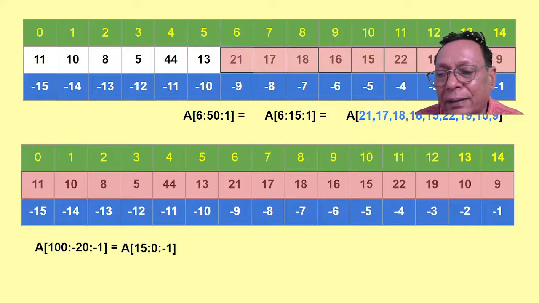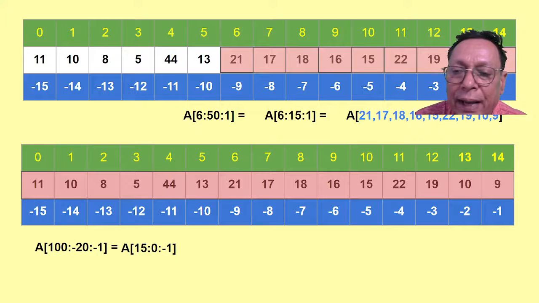So the entire list is selected as a slice. 15 to 0 with minus 1 means 9, 10, 19, 22, 15, and we have to move right to left because the step is negative. And this way we can select the entire list as the slice.